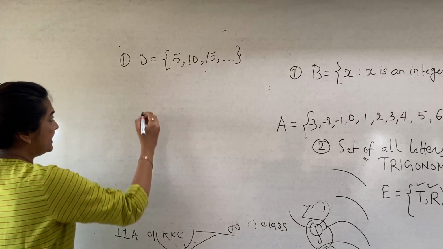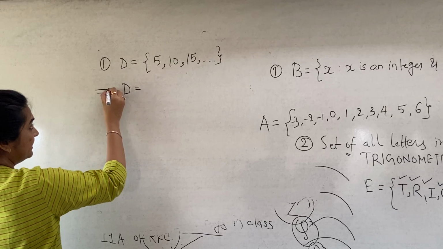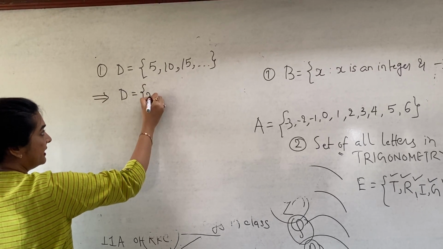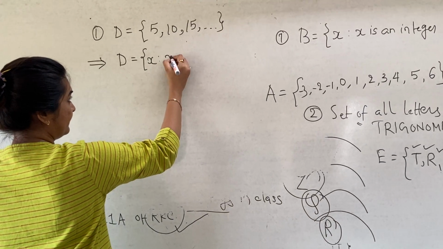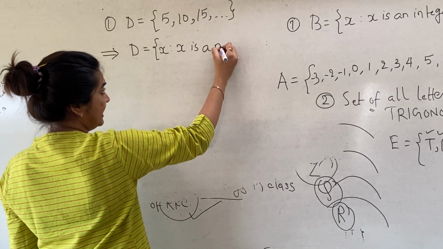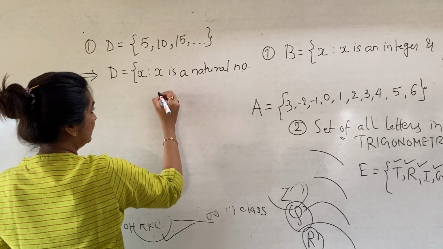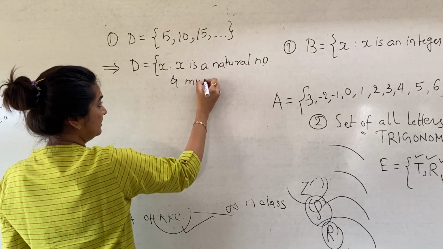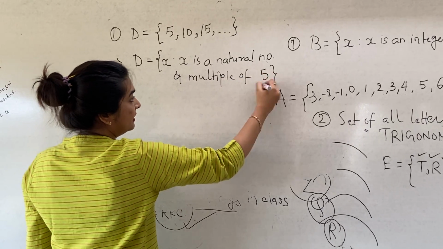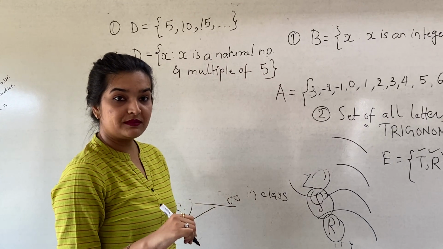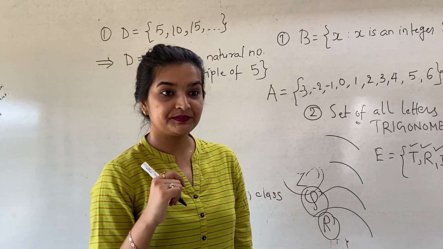So what will be the set builder form? B is equal to x such that x is a natural number and a multiple of 5. So this is the set builder form.